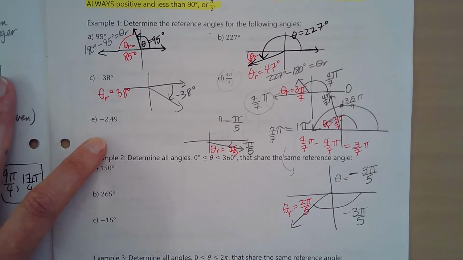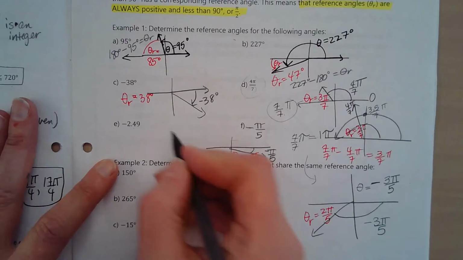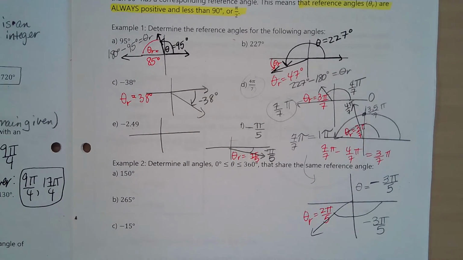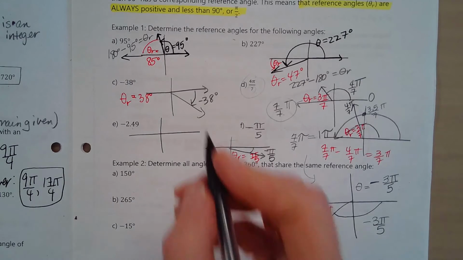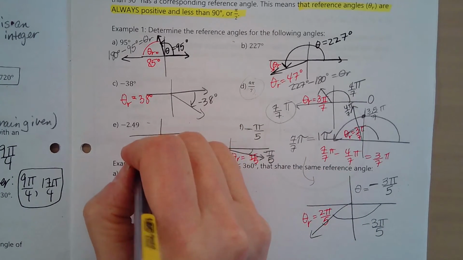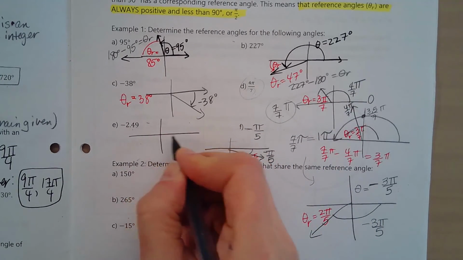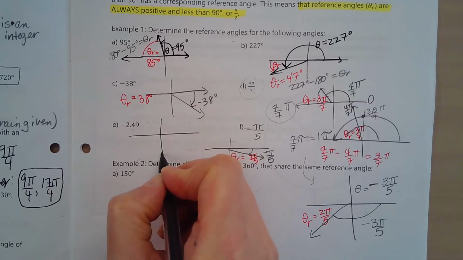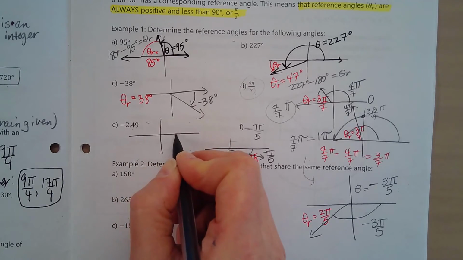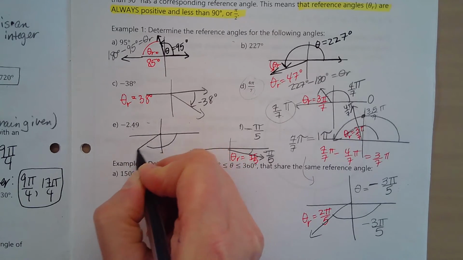What about this one? Negative 2.49. So what quadrant would that be in? Negative 2.49, where would it end? Quadrant 3, right? Okay, so negative 2.49, this is negative 1.57. Kind of half-ish, right?